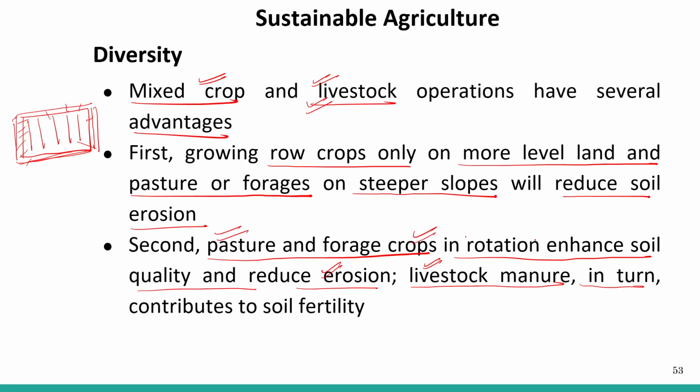That enhances the soil quality and also reduces erosion, because your soil is not open at any time. Once the crop has been removed, you can grow a fodder. If a particular crop is not suitable to grow at that time, you can grow forage or fodder crop, right? So soil nutrient can be enhanced, and there is a reduction of erosion also.